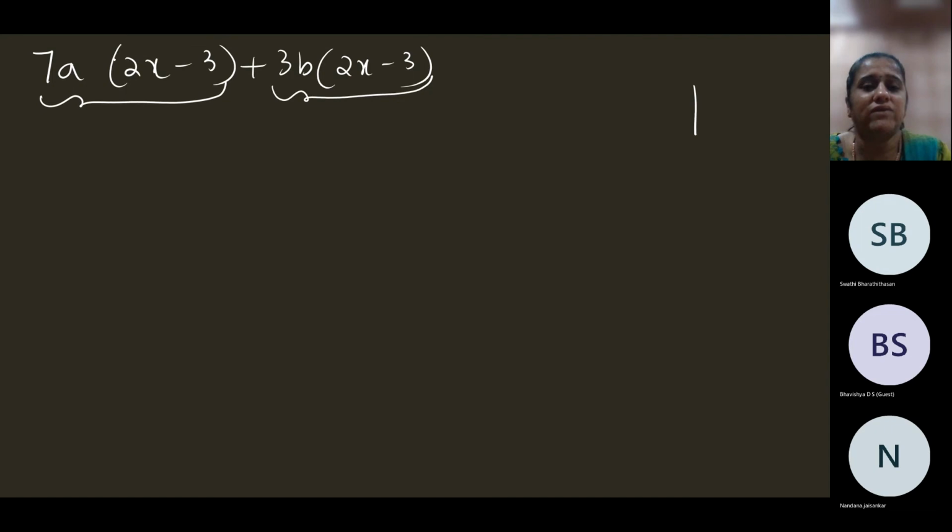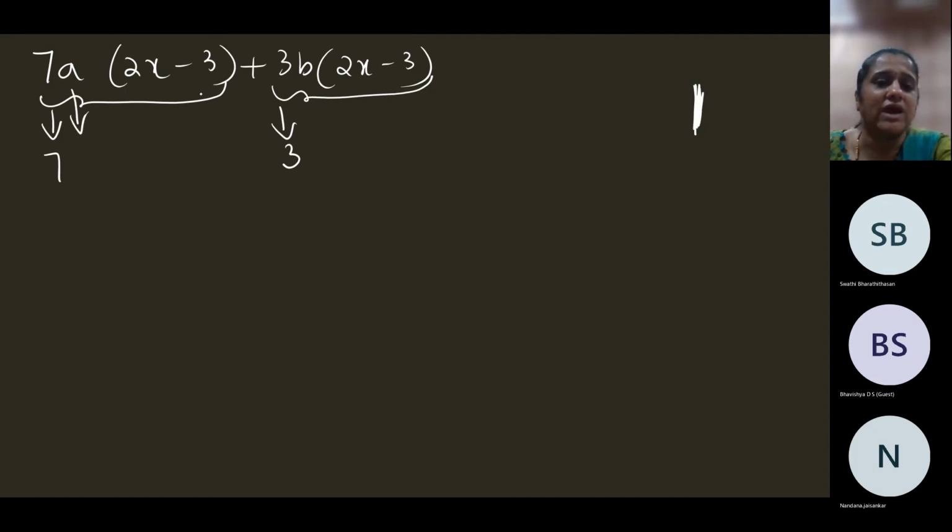That means this is A power 1, here it is A power 0. So A power 0 is the common factor, so you can leave it. A power 0 means 1. And here there is B, but here there is no B, so it's B to the power 0. The numerical coefficients 7 and 3 have HCF 1.